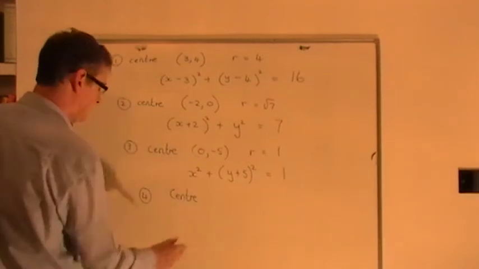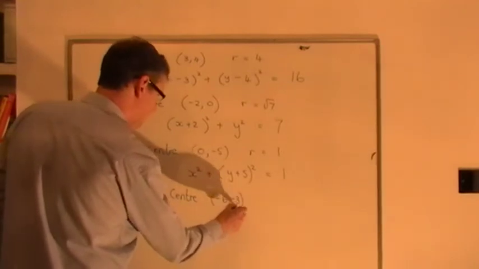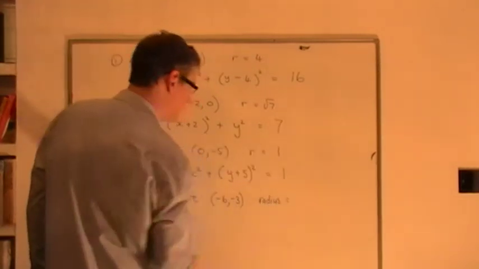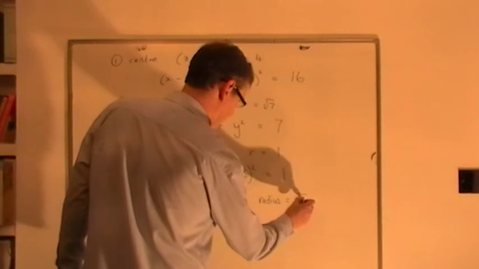I'll do one more. Let's say we've got a centre of (minus 6, minus 3), and let's say that the radius is equal to root 5.